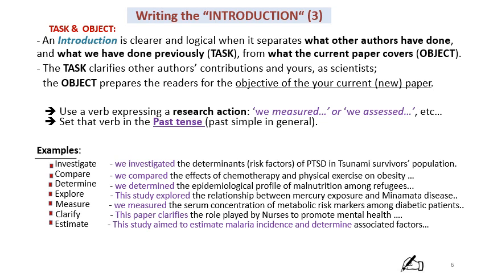We determined the epidemiological profile of malnutrition among refugees, etc. This paper clarifies the role played by nurses to promote mental health. This study aims to estimate malaria incidence and determine associated factors. So those are action verbs that are commonly used when writing the introduction section, especially the objective, the aim of the study.